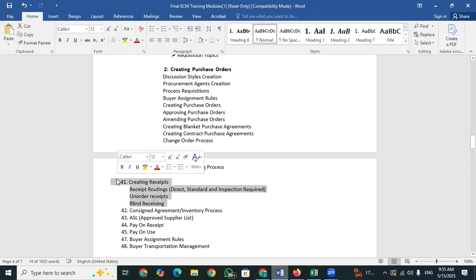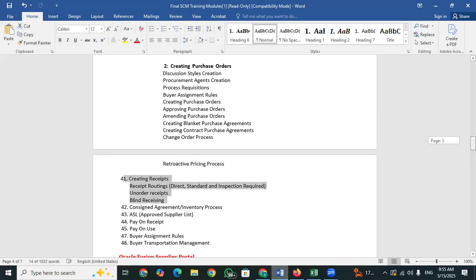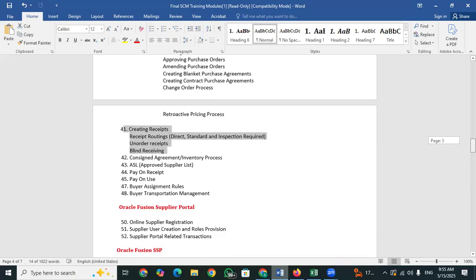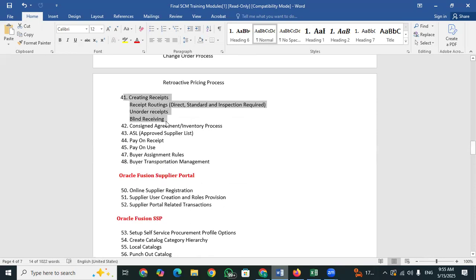In the same way, in business, the requester creates a requisition, it is processed to the purchase order, then we can receive the material.